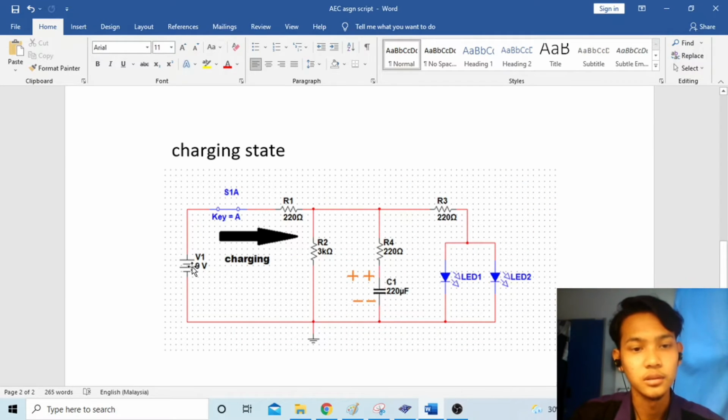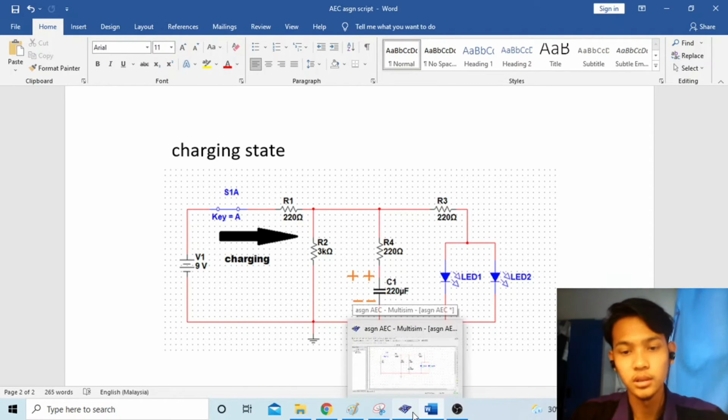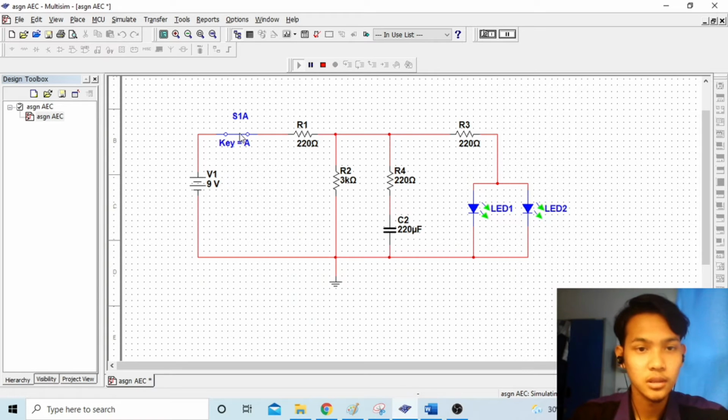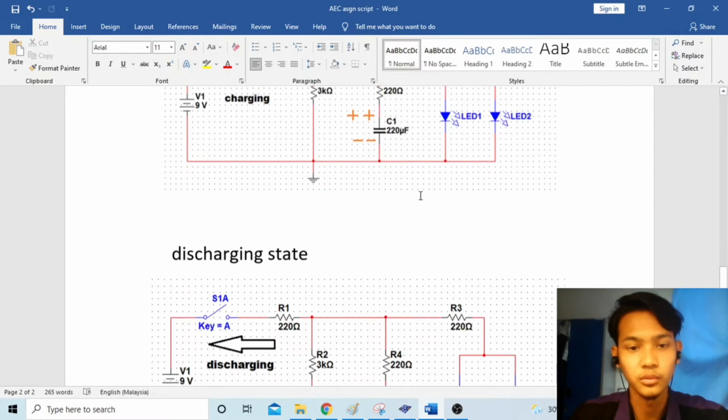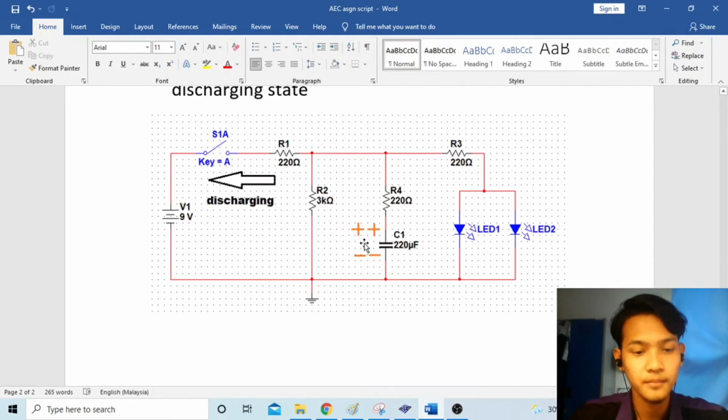The current flows from the source to the capacitor. In the discharging state, the current will flow like this: from the capacitor, the current will discharge through the resistor to the source.